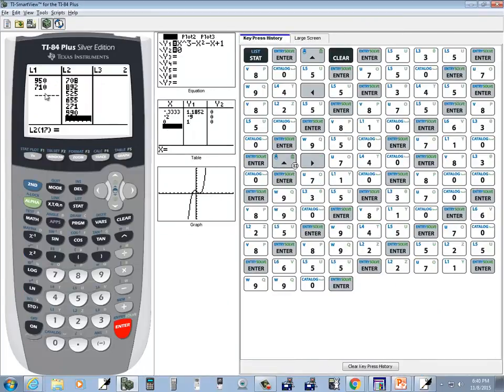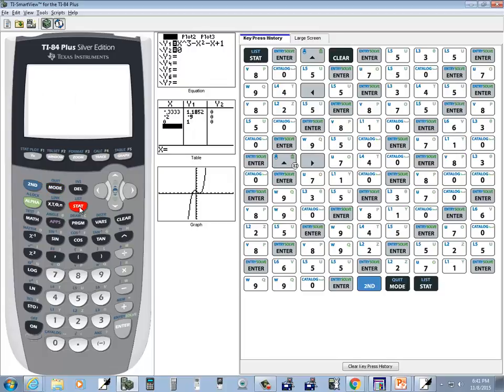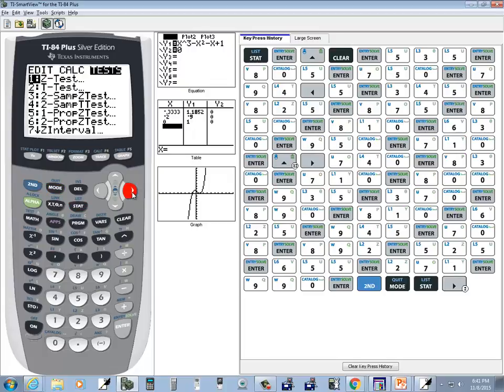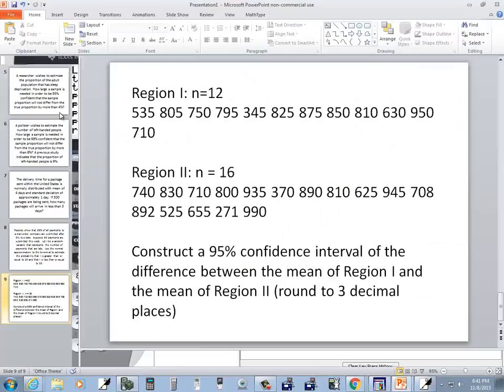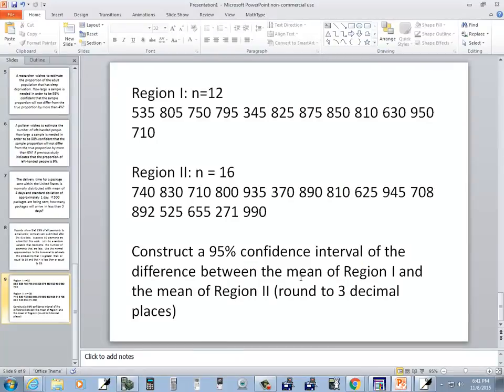Okay, so we put region 1 in L1 and region 2 in L2. So let's exit out. We'll do second mode, and we'll go to Stat. And always over here, the 2 that's in front of it refers to your 2 populations, 2 samples. Now the question is whether sigma is given or not.